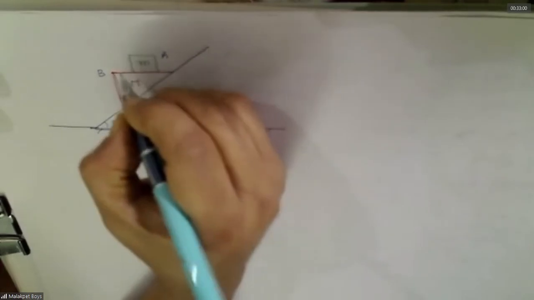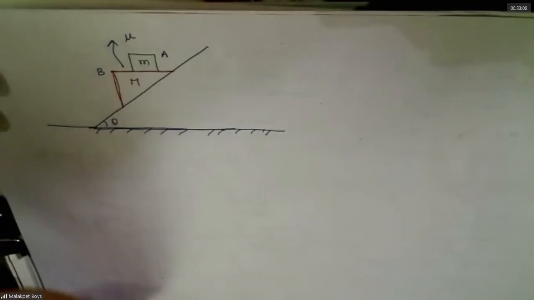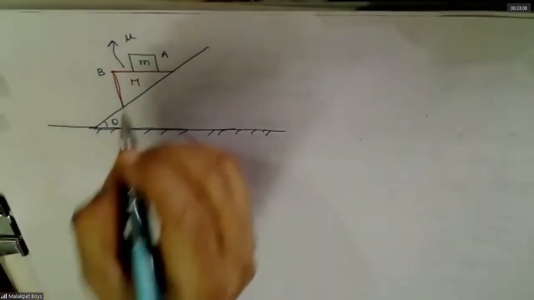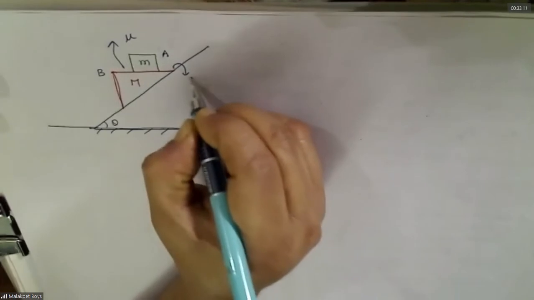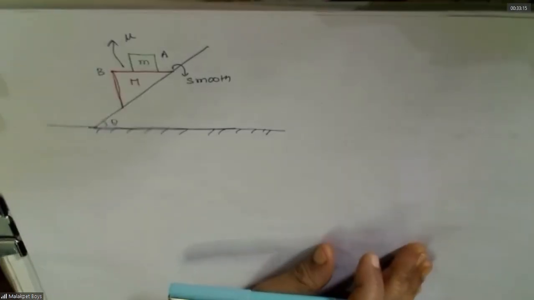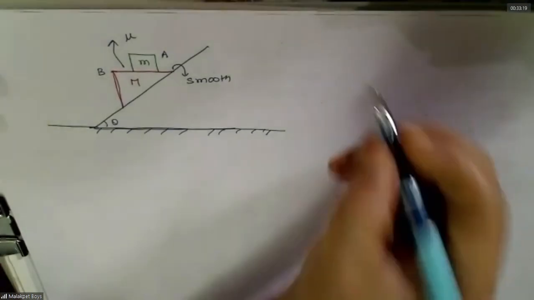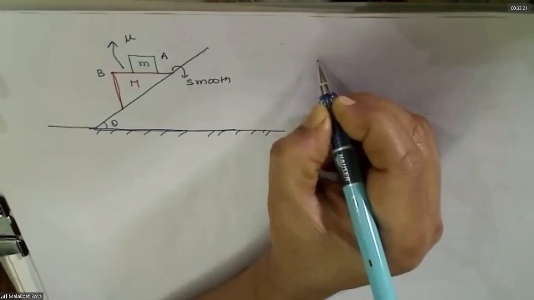See, the coefficient between these two is mu. There is no friction here between capital M and C.